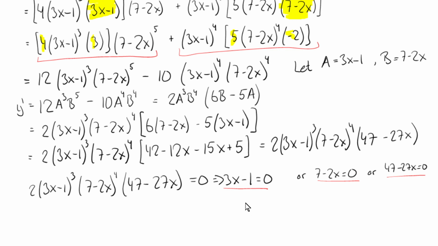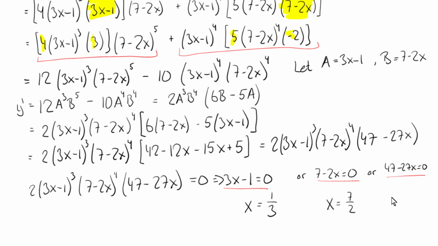This one here would equal 0 when we have x equals 1 over 3, a third. This factor here, x will equal 0 when x equals 2 over 7. No, 7 over 2, sorry, the other way around. You subtract 7 divided by negative 2. So it's going to be 7 over 2.